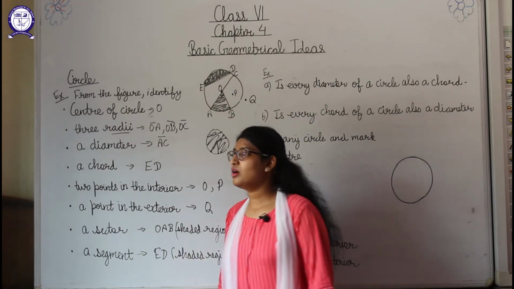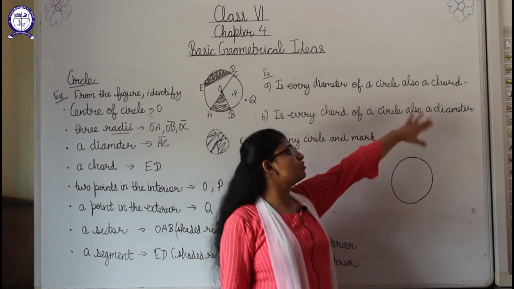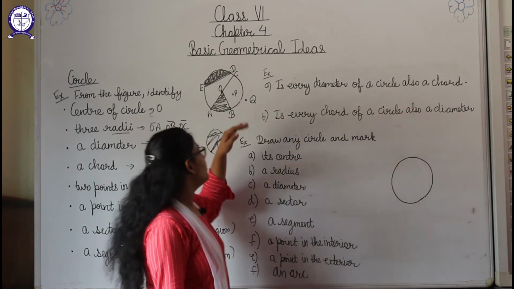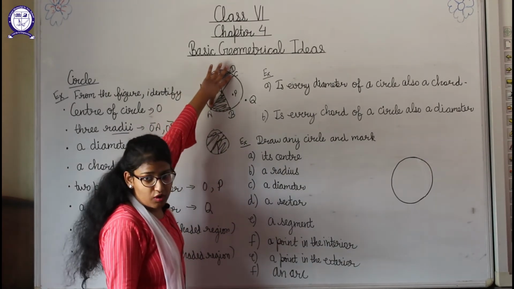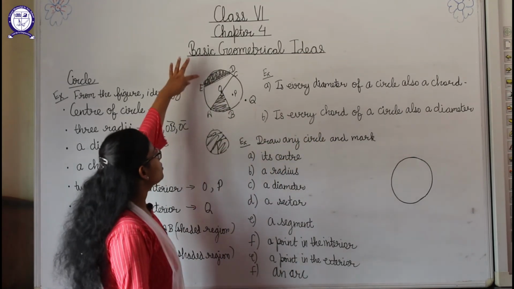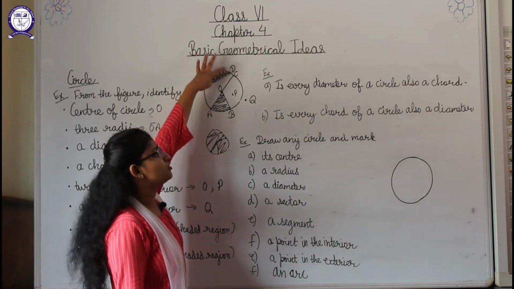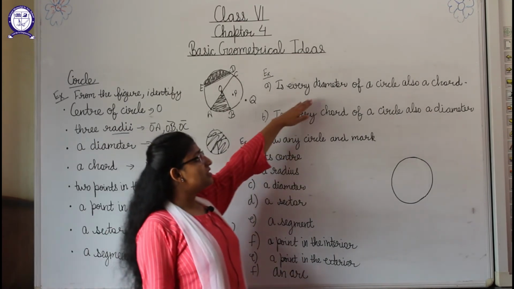Okay, now our next example: is every diameter of a circle also a chord? Students, I told you that the diameter joins 2 points on the boundary of circle, and chord also joins 2 points of boundary. So can we say that every diameter is a chord?